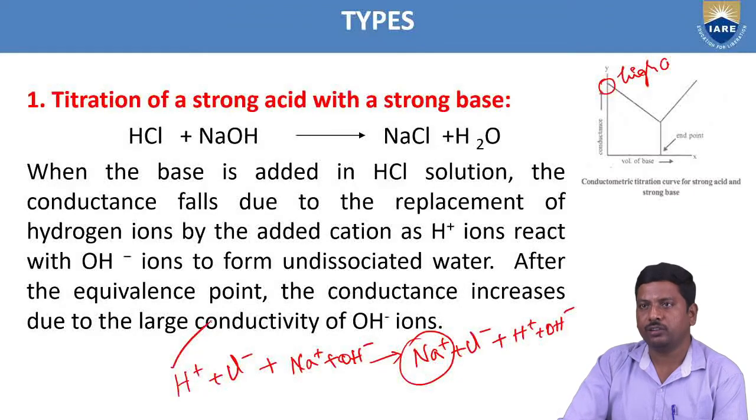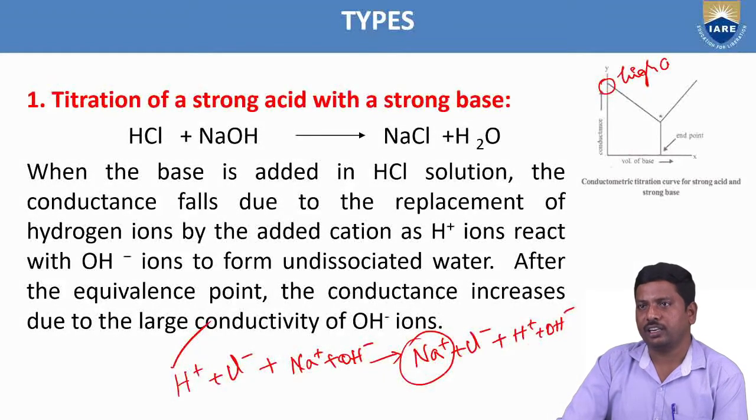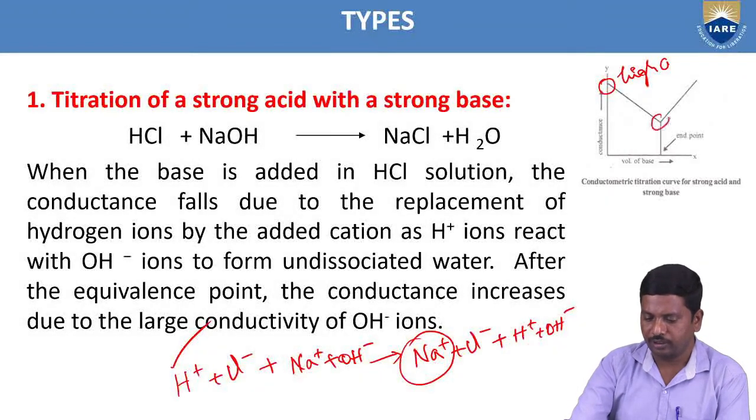But when the titration goes on, those H plus ions are replaced by sodium ions. So whenever the smaller H plus ions are replaced by the larger sodium ions, automatically the conductivity decreases. That reduction of conductivity continues up to the end point of the reaction.